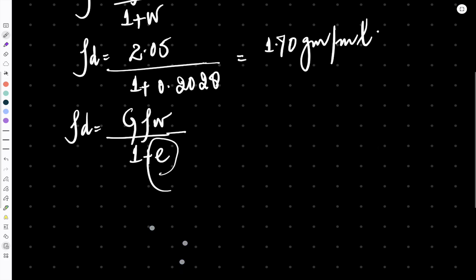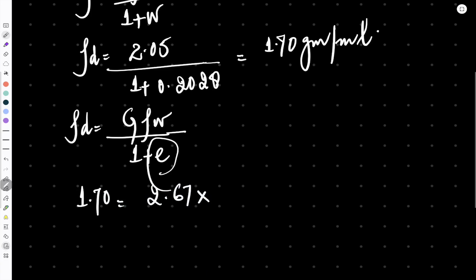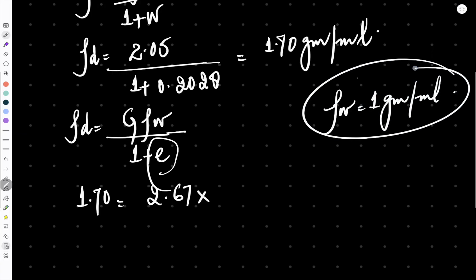So dry density we just found out 1.70, specific gravity 2.67, density of water is 1 gram per milliliter. All right, density of water is 1 gram per milliliter. 1 divided by 1 plus e.